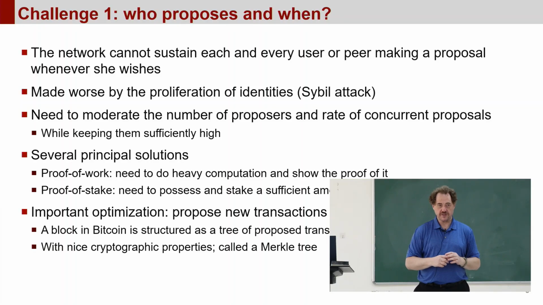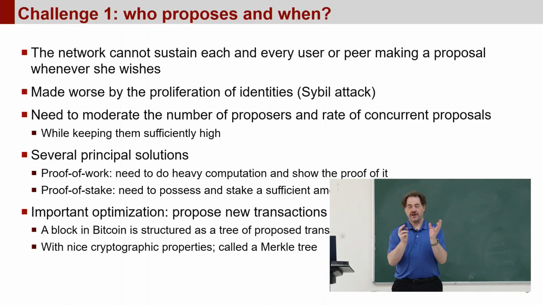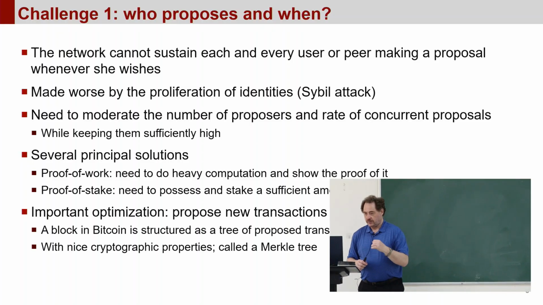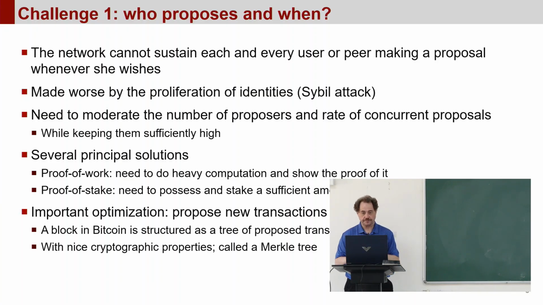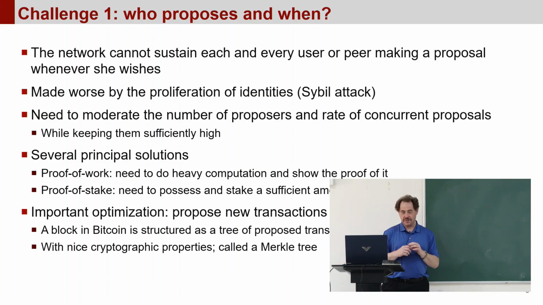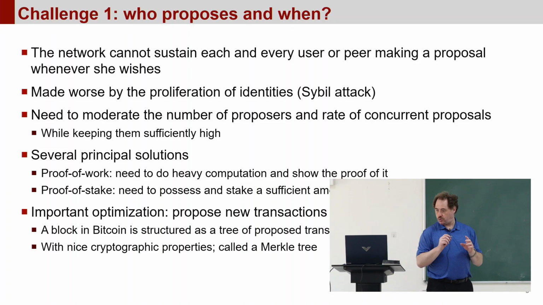Okay? That's a Sybil attack, when one entity replicates itself or creates multiple identities for itself. So that exacerbates the problem of scalability or moderation in blockchain. So again, we need to moderate both the number of proposals and the rate of concurrent proposals. And we need to do it.